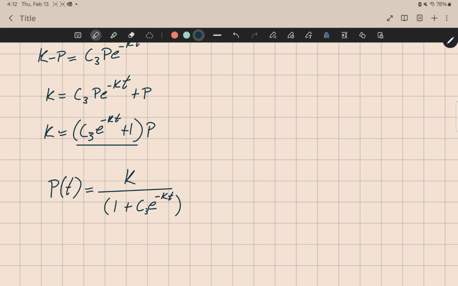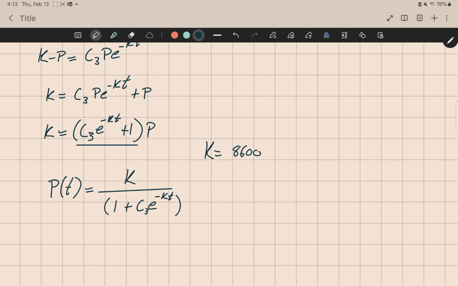And now this is something that we can actually use. So remember, our uppercase K is equal to 8600.